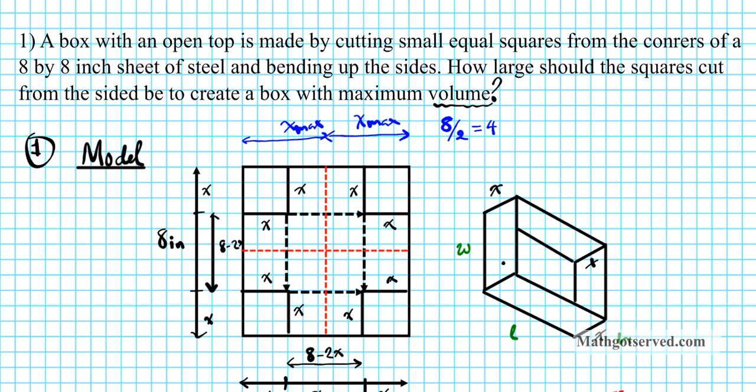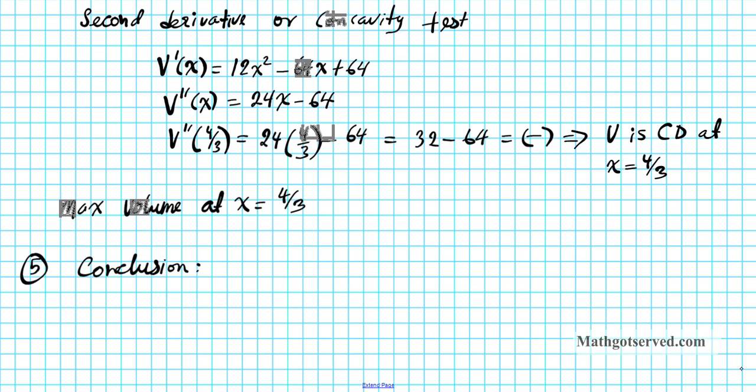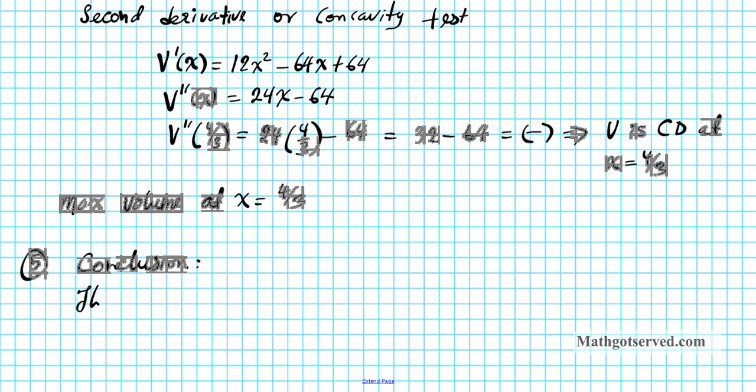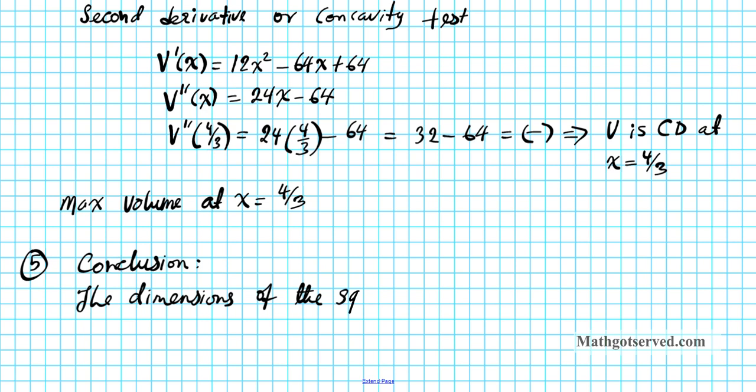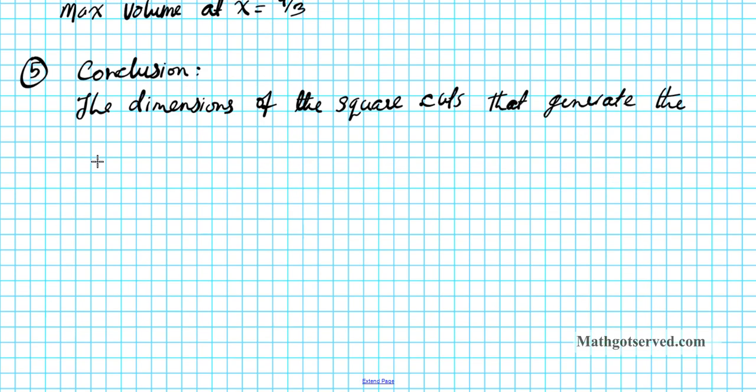So let's see what the dimensions of the square cuts should be, the dimensions of the square cuts that generate the maximum volume.